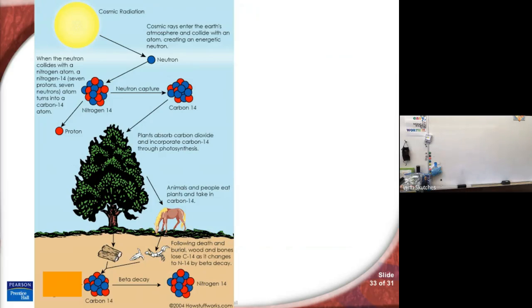The sun is mostly hydrogen and some helium, and so stuff's being blasted off. We call it solar winds. Some is deflected by our magnetic shield, our magnetosphere, but some of it gets in through the atmosphere and runs into atoms.